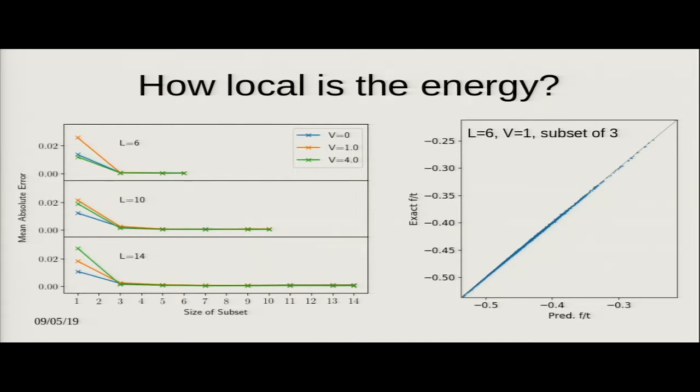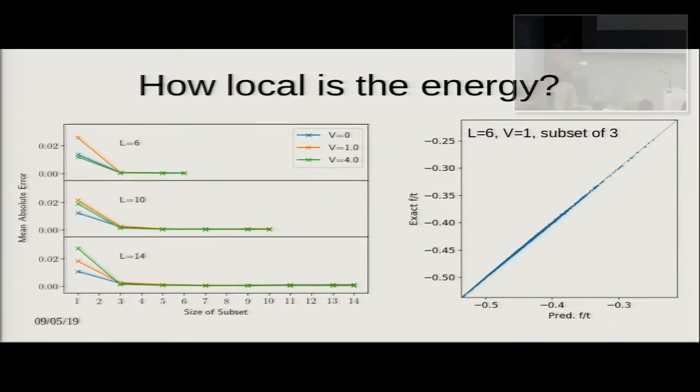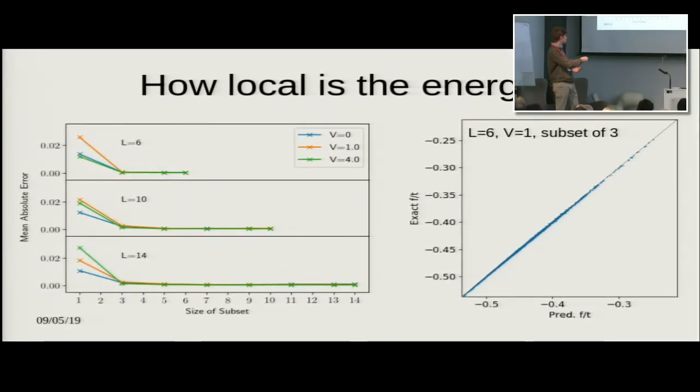Just to give you an idea of what this looks like, for L equals 6, so 6 sites, a strength of interaction of 1, and a subset of 3, that's this point here. It looks like this. Here's the predicted universal function against the exact, and it lines up really nicely on the diagonal, so it's effectively exact.